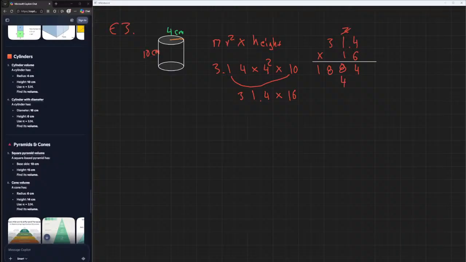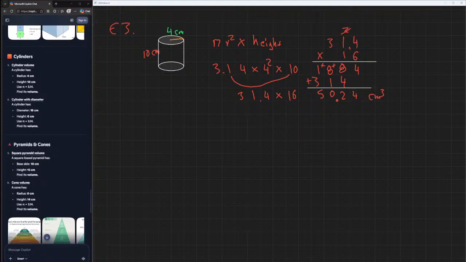Then we have 4, 1, 3. Then we have 4, 12, 9, 10, 3, 4, 5. And we have 54 because of the decimal point here. And then it's centimeter to the power of 3.